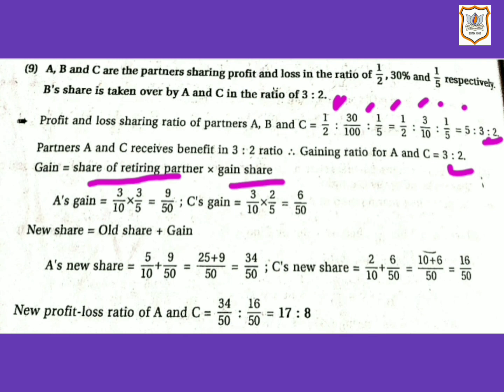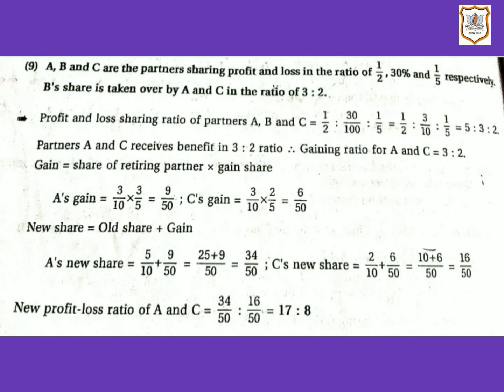So here A's gain would be 3/10, that is share of retiring partner, multiply by 3/5, that is A's gain share. So by multiplying it, we will get 9/50 as A's gain.